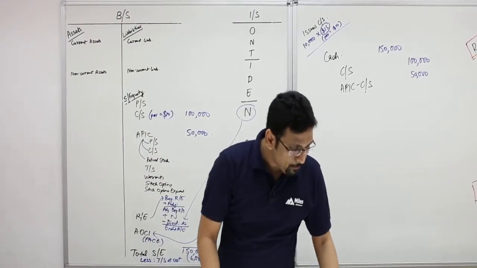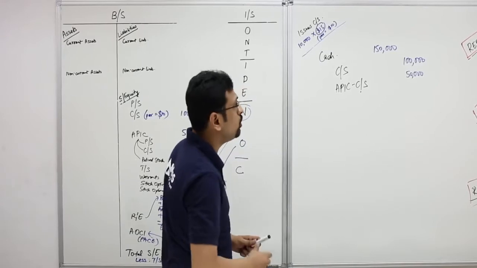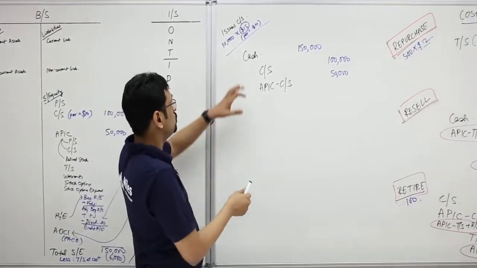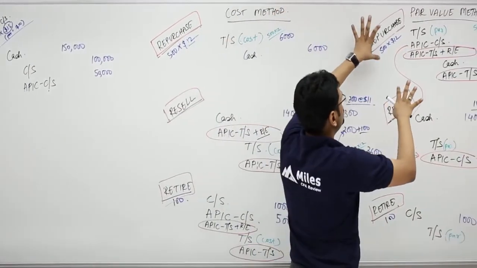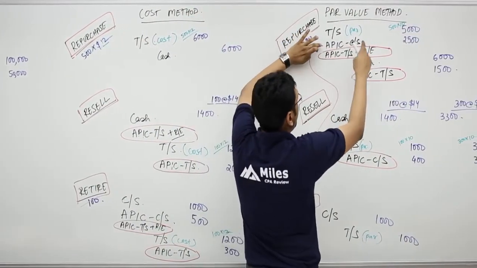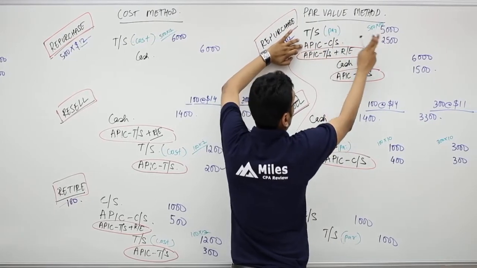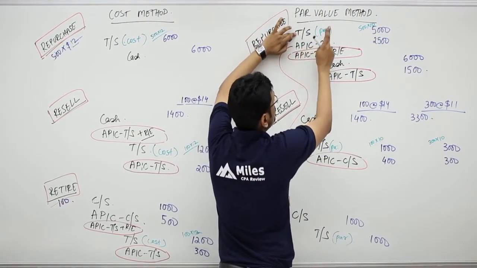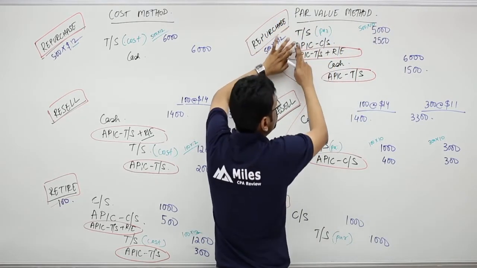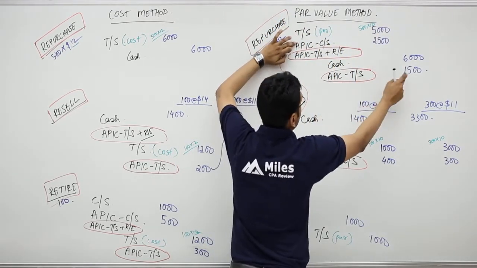If you're using the par value method, in that case, what's going to happen? Let's go and look at that. So this was the issuance journal entry. If you use the par value method and you have repurchased stock, you're going to have a debit to APIC common stock, and you will create treasury stock, which is at par. You also have a credit to APIC treasury stock.